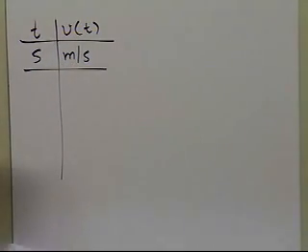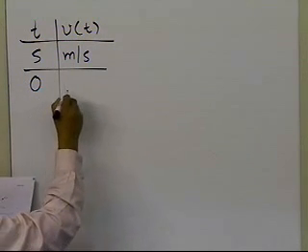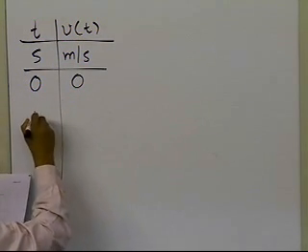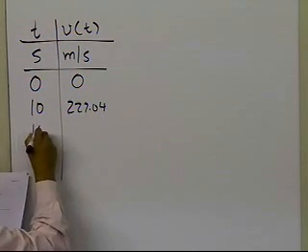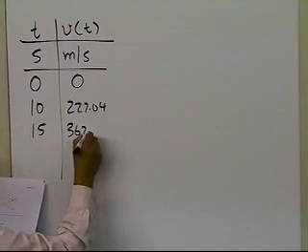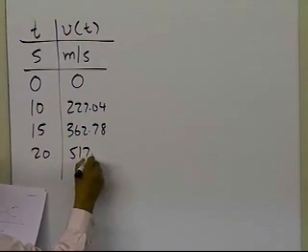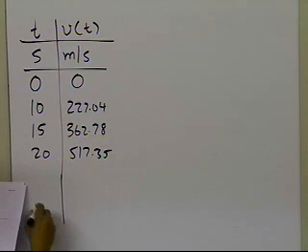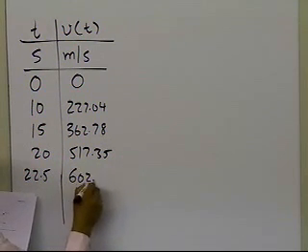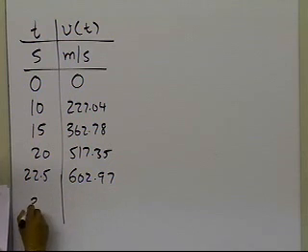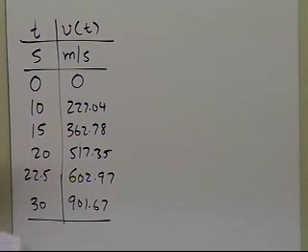So let's suppose the upward velocity of a rocket is given at these particular times. The value at time t equals 0 is 0, at 10 is 227.04, at 15 is 362.78, at 20 it is 517.35, at 22.5 it is 602.97, at 30 it is 901.67.